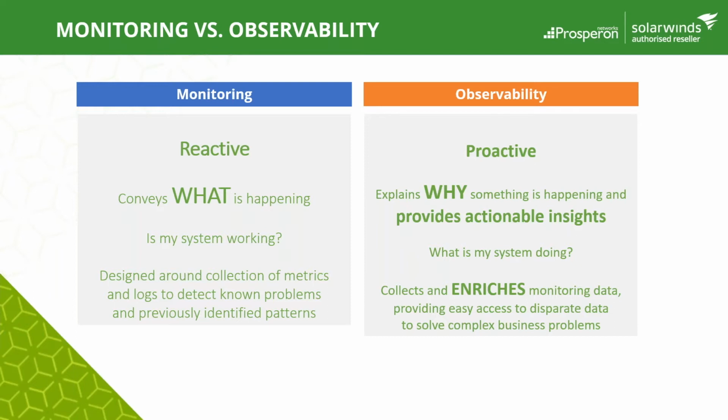Observability, on the other hand, focuses on being proactive, on the whys. Why is something happening? It provides you with actionable insights, and the keyword here is predictability and data correlation. The main goal overall of observability is to provide a consistent and elegant user experience across different IT functions. Monitoring then becomes the foundation of observability.